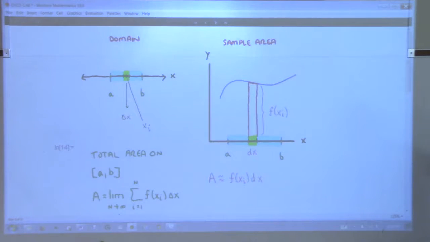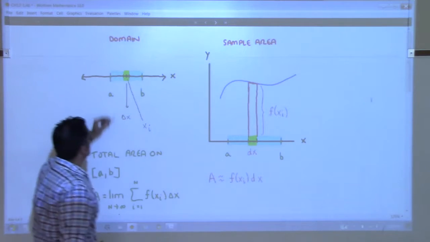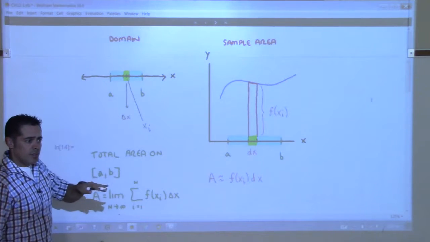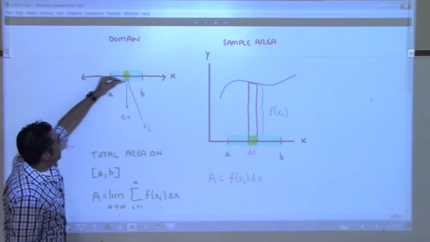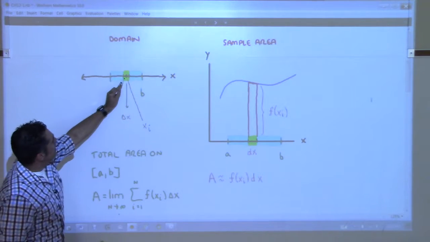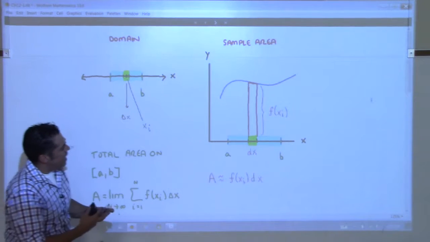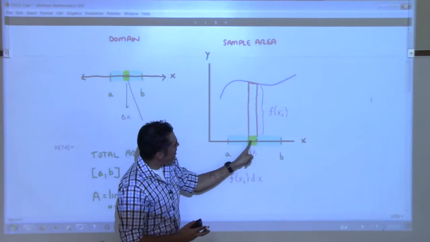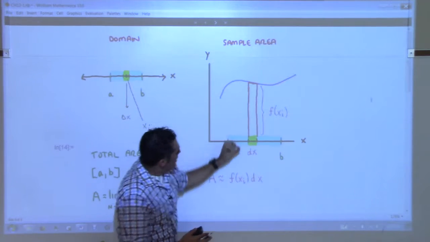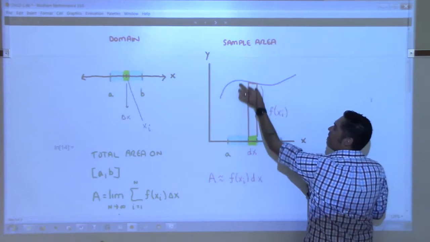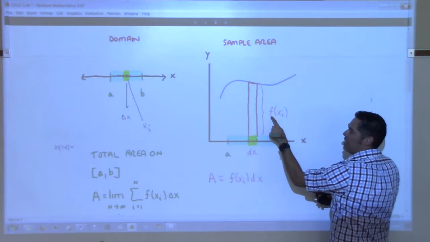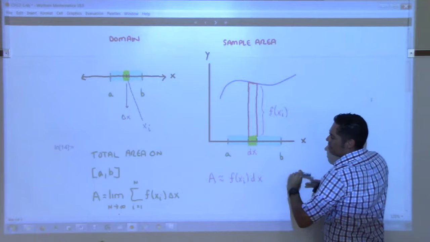So we want to think about this. I apologize for the crappy drawings here, but I want to think about the picture I just showed you in a little more detail. What we're doing is taking the domain of the function, which is the x-axis, looking between a and b, and imagining a little tiny change in x, little delta x. Then we want to measure the height of the function, which is f of x sub i, where x sub i is any point in here.